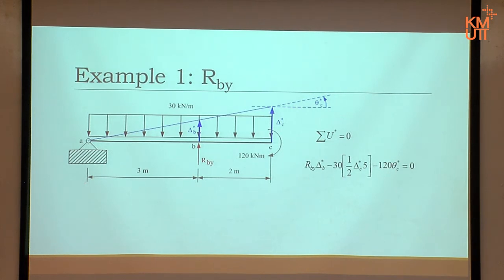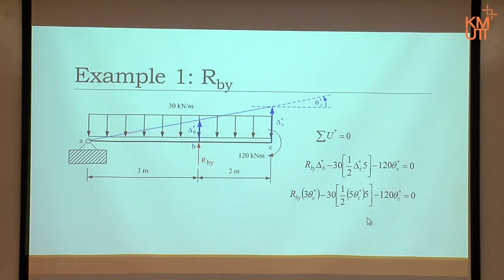Because I know that if that angle is theta C star, that angle is also theta C star. Correct? Using the radian relationship, then I can say delta B is equal to 3 times theta C star. And delta C is equal to 5 times the angle theta C star. Correct?